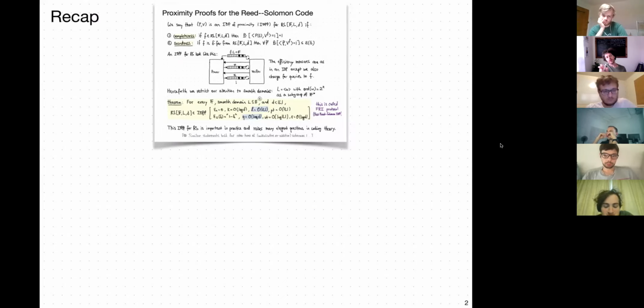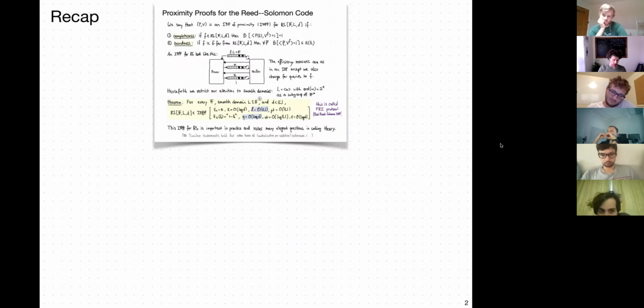Can I make a small number of queries to the function, maybe like O(1)? If it is a low degree polynomial, I would say yes, and if it is far from being low degree, then I will say no. We mentioned that this problem is impossible to do using O(1) queries. It's a very hard problem. And so we considered a stronger model.